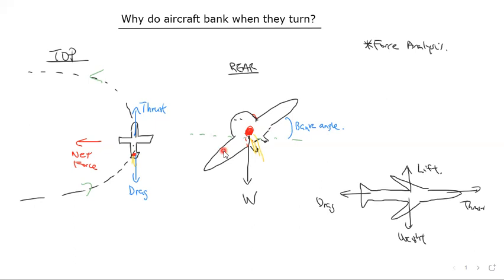In this current situation, my wings are slanted, which means when my wings generate lift, my lift will be in this direction. And that is actually going to be helpful because if my lift is in that direction, I'm going to get a lift to the left in the horizontal direction and a lift in the vertical direction.